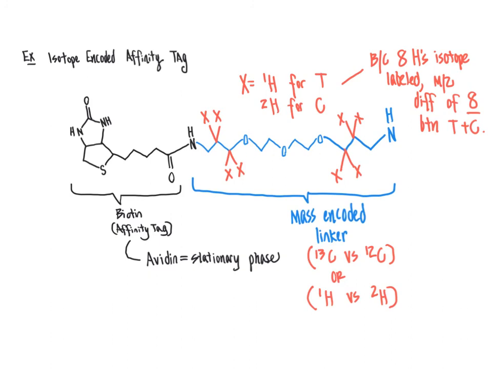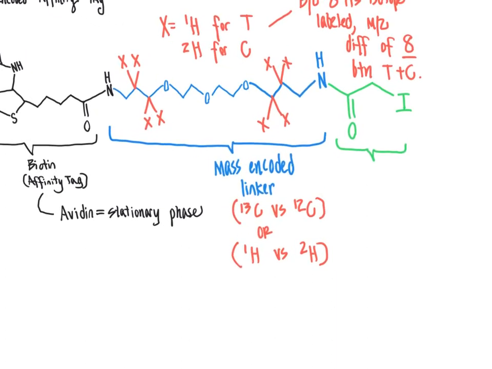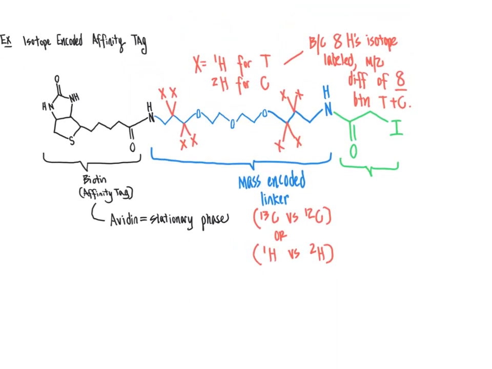And so for that portion of the structure, in this example of an isotope-coded affinity tag, we have a reactive group, a group that will react with specific functional groups from the protein. And in the case of this, you will notice at the terminal end of this is an iodine atom.